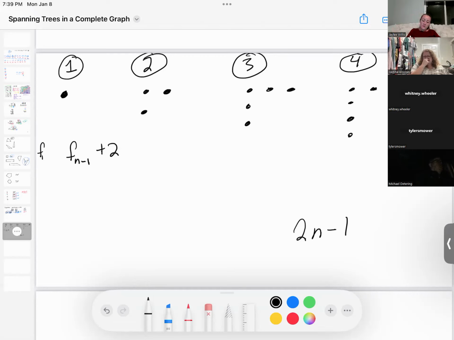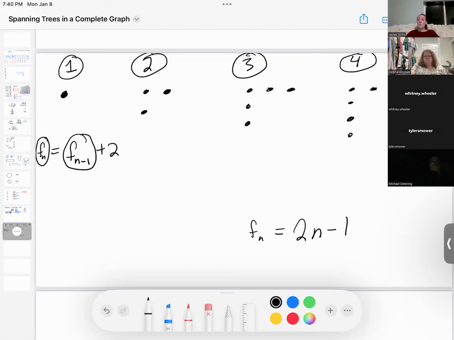But basically what this would be saying is that the number of dots in the nth term, so I used the notation Fn to represent that, equals the number of dots in the previous one plus 2. So that's drawing on the same pattern that Jody noticed, where it's increasing by 2. And if we look at Kieran's number, where Kieran's saying that the number of dots in the nth one would be 2 times n minus 1.